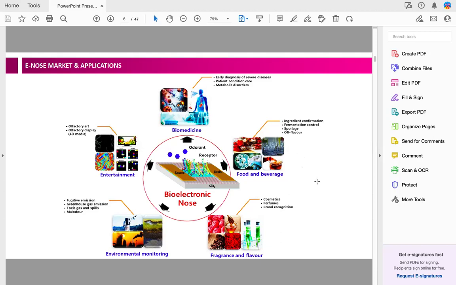And not just for spoilage, ENOS as well can be used for what we call quality control. Certain companies, like wine companies and coffee companies as well, have to train someone to smell the wine, to smell the coffee, to know which one is of good quality and which one is not.